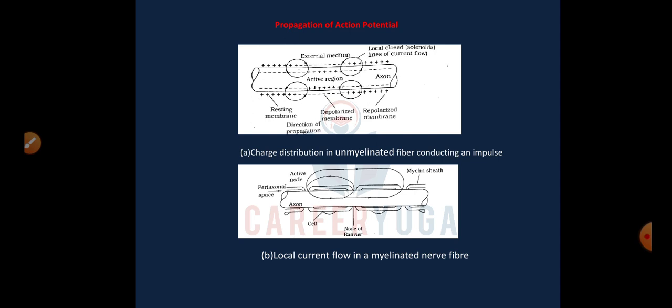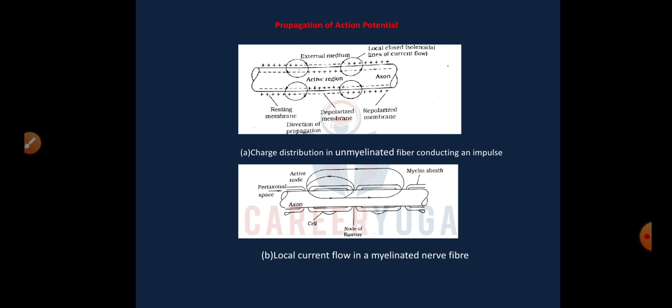The membrane lying ahead of the active region is polarized and is in the resting state, the active region is depolarized, and the membrane behind the active region is repolarized. Such a charge distribution constitutes closed path currents, also called solenoid currents.